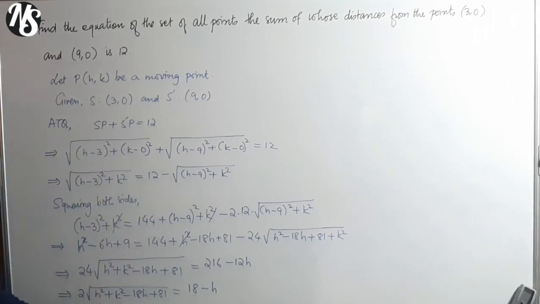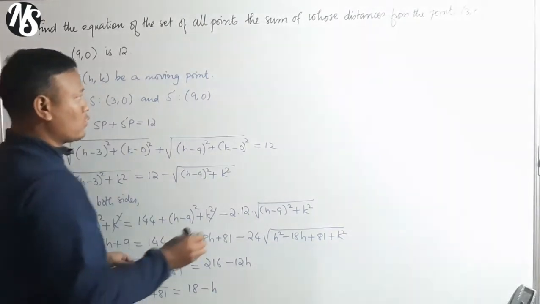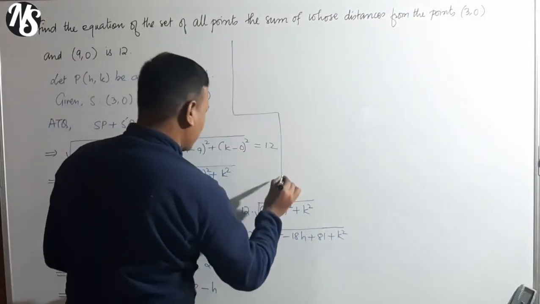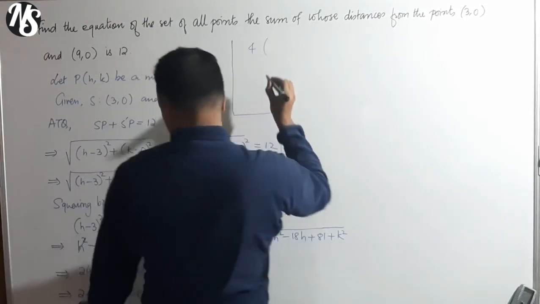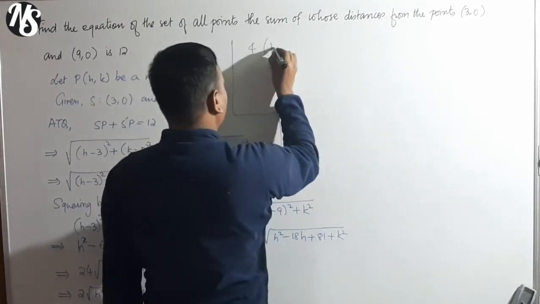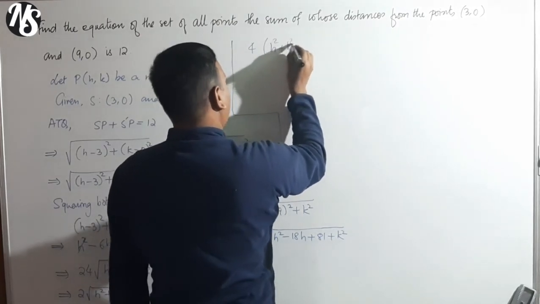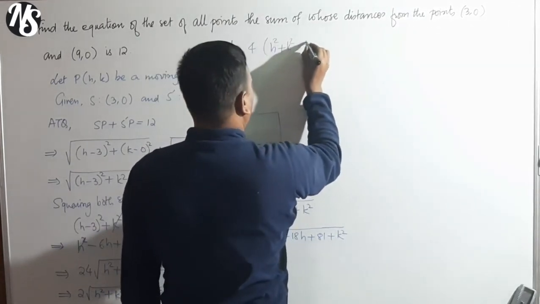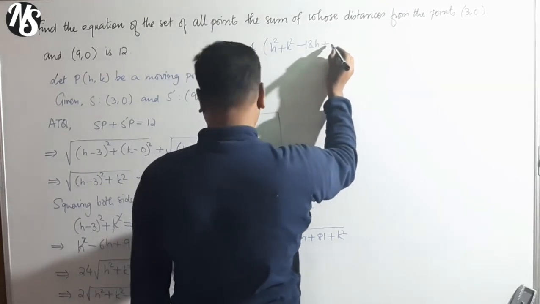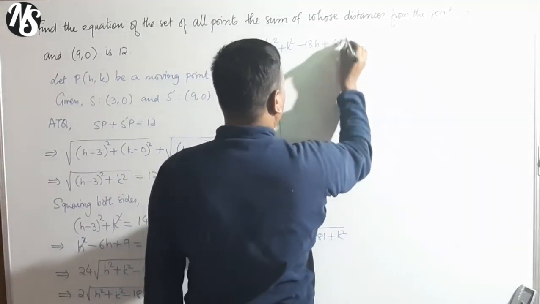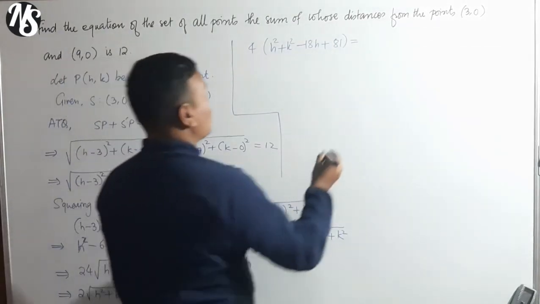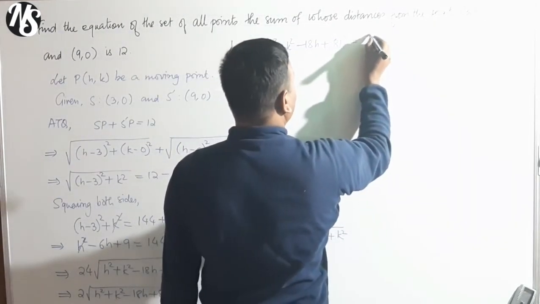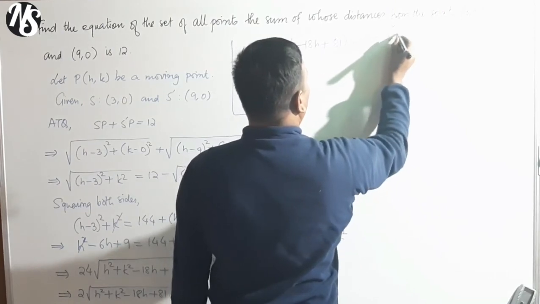Now again, to get rid of the square root sign, you will square both sides. So squaring both sides, this becomes 4. The square root sign vanishes and you'll get h square plus k square minus 18h plus 81 is equal to 18 minus h whole square.